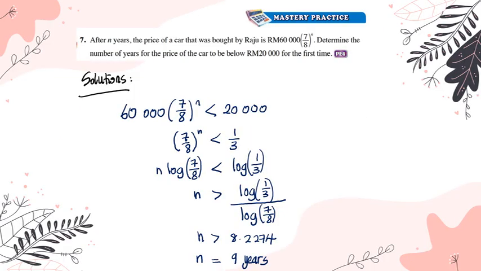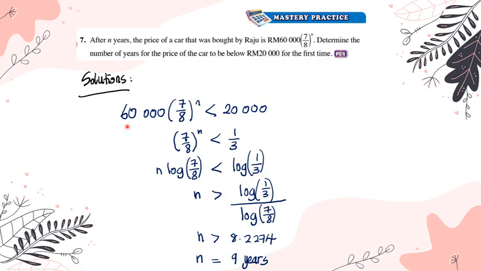Okay, question 7 from Mastery Practice as well. After n years, the price of a car that was bought by Raju is 60,000 times 7 over 8 to the power of n. Determine the number of years for the price of the car to be below 20,000 for the first time.